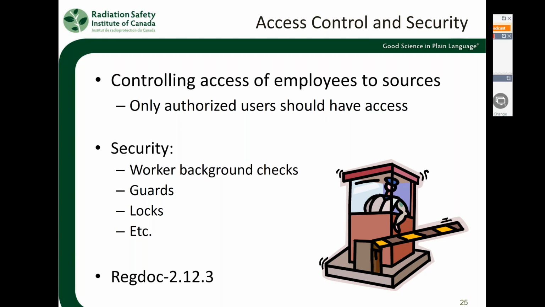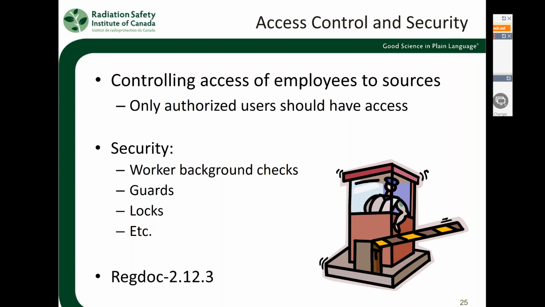There is a frequently asked questions page online for RegDoc 2.12.3, so you can head over there with some questions. Feel free also to ask your licensing specialist with the CNSC for assistance on that, but do get that document and ensure that you are in compliance with it.